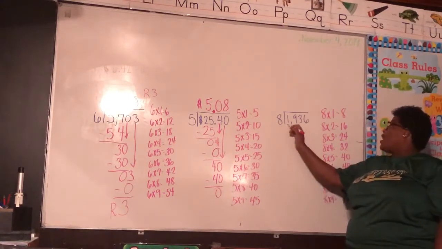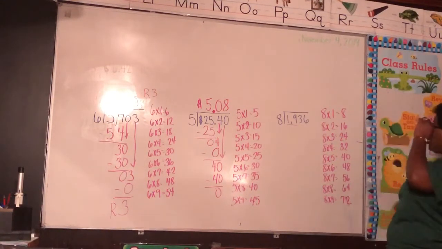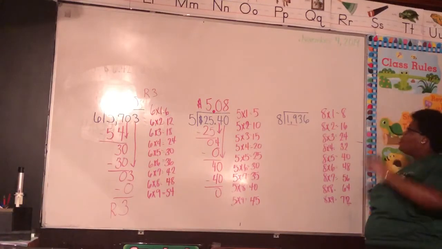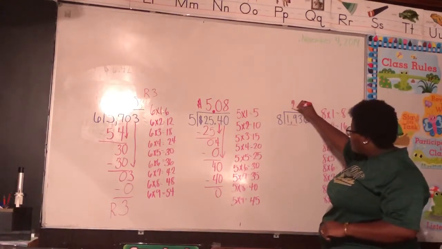No. Can 8 go into 19? Yes. Absolutely. How many times? 2 times. Because 2 times 8 is 16.